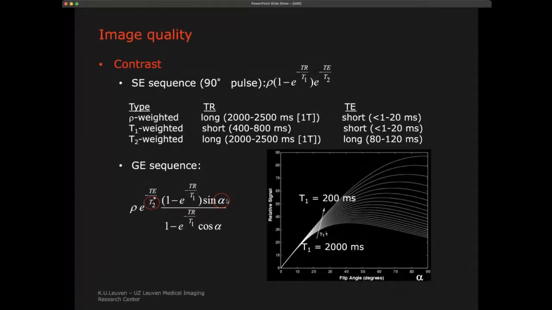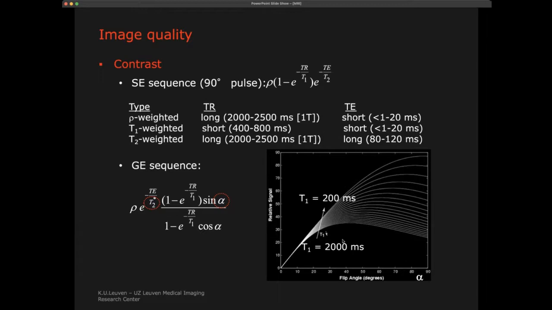And the longer we wait, or when you do your repetition very, very fast, you don't let the T1 recover anymore, and at some point you have, for example, no signal.